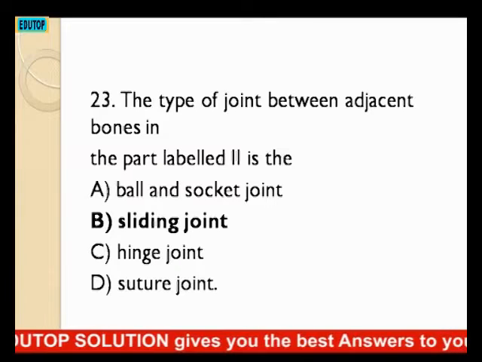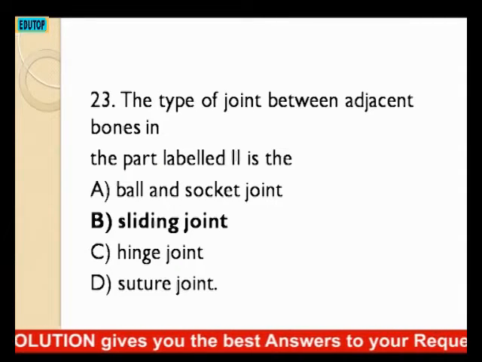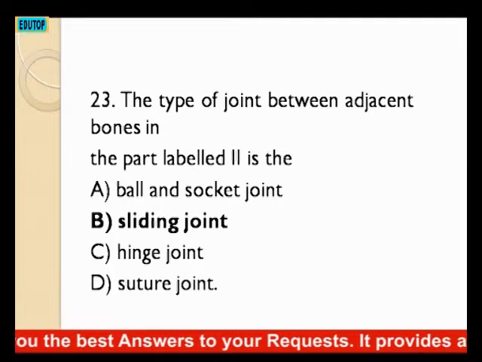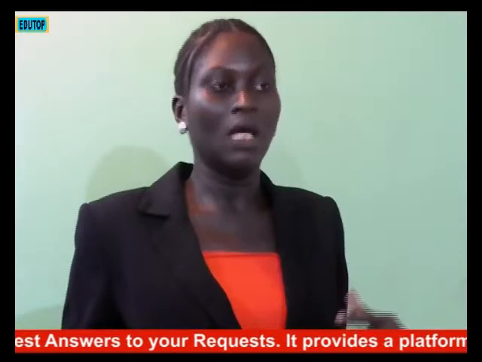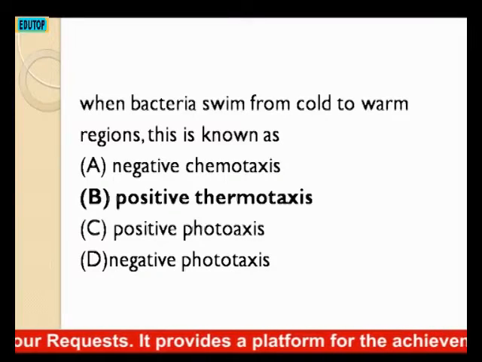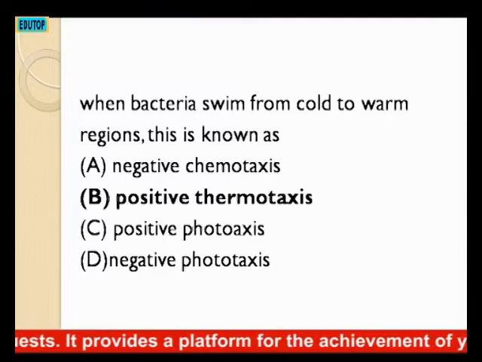That's ball and socket. That also rules that out. So the answer here is sliding joints. Those are the joints of small bones in the backbone. Sliding joints, option B.